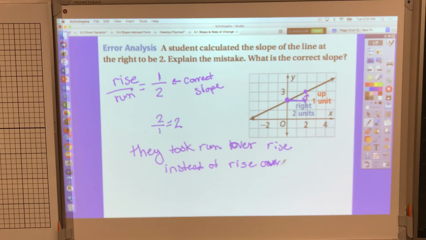So they reversed their formula. And that's why it's important you always think about how you draw your shapes. And you know that the vertical change is your rise, the horizontal change is your run.